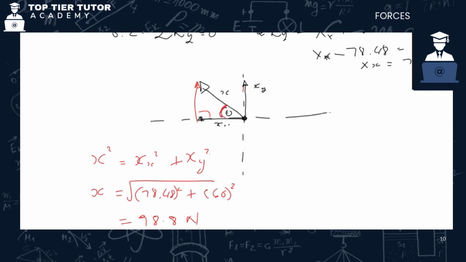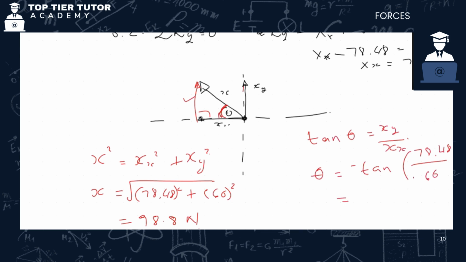Now to find beta, we can use tan because this is a right angle triangle. Our trig ratios tell us that tan of beta should be equal to the opposite, which is the y component, over the adjacent, which is the x component. So beta would be the inverse tan of 78.48 over our horizontal component, which is 60.